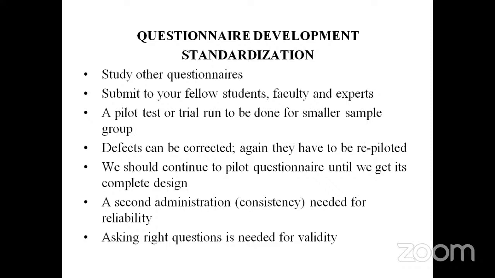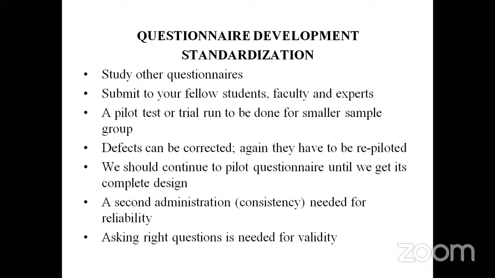For example, you are in need of 32 questions, so you frame around 60 questions and send them to all your close friends, students, faculty members or experts. Then you finalize.